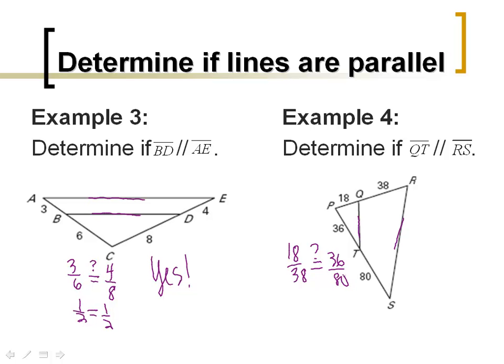So if you reduce that, I can divide these both by 2, and I get 18 divided by 2 is 9. 38 divided by 2 is 19, so I've got 9 over 19 there. I can divide these both by 4. 36 divided by 4 is 9. 80 divided by 4 is 20. So those are not equal, so these two lines are not parallel because our sides would have to be proportional.